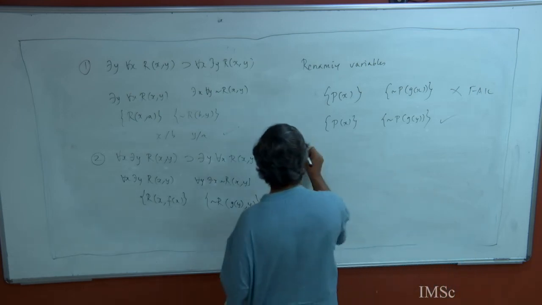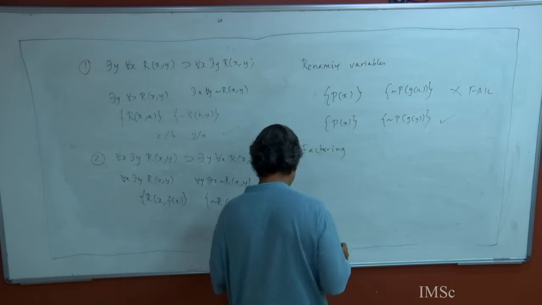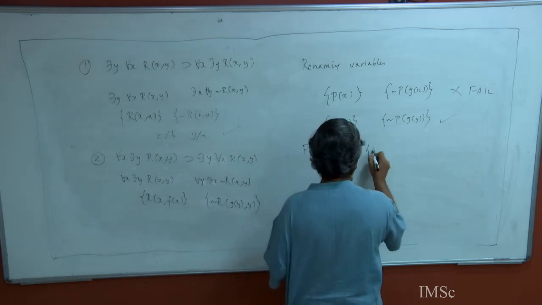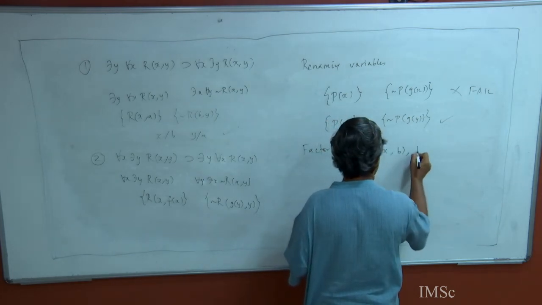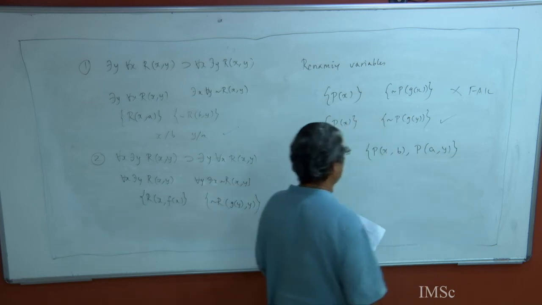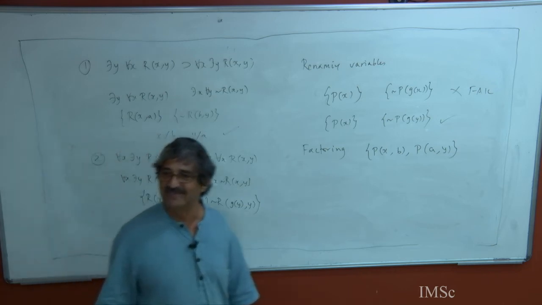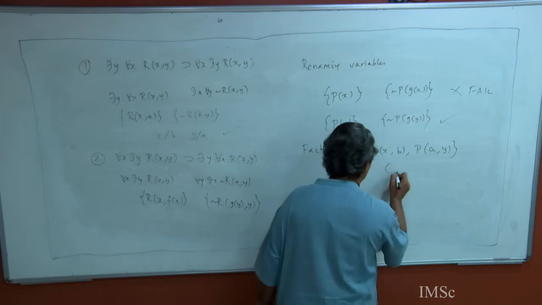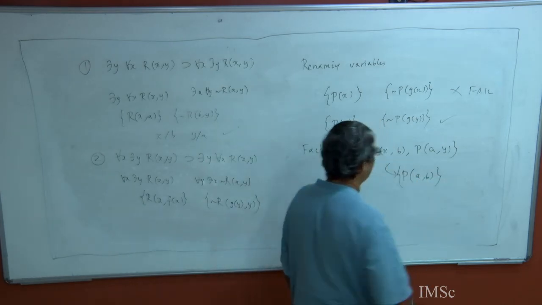And the other one is a rule that is normally used, and this is called factoring. This is also important. Basically, when you have a clause like this, right? Now you can apply unification within the clause. What is stopping you from doing that? Because if I apply unification, I will get P(A,B), this clause.